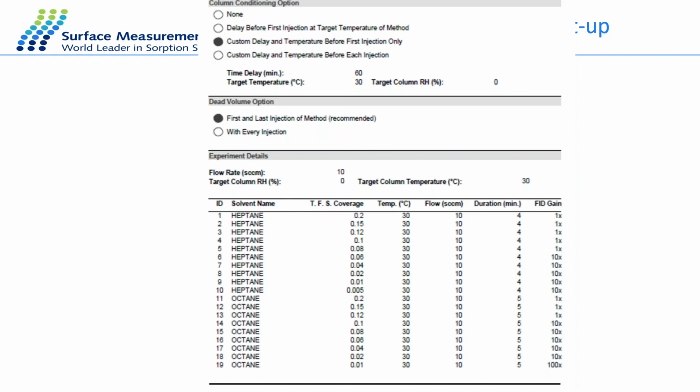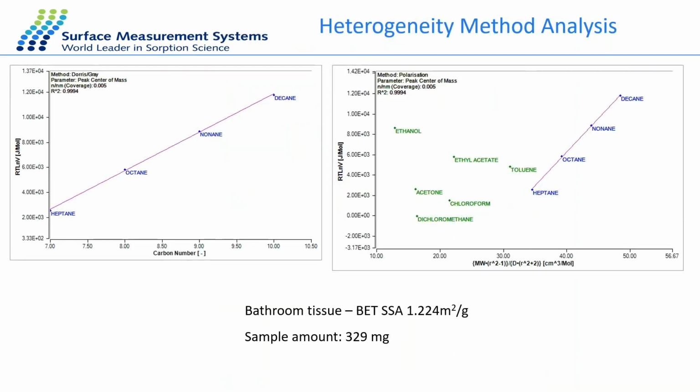But if you inject a series of concentrations from all the solvents, from the different alkanes and the two monopolar probes, you can determine the surface energy heterogeneity.